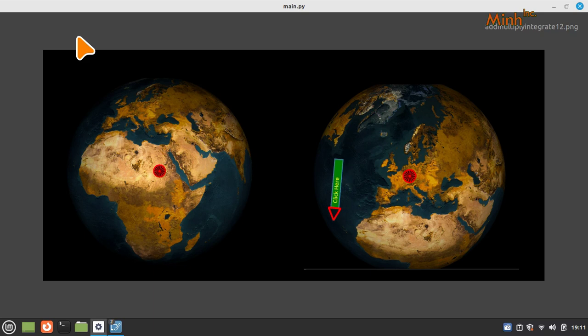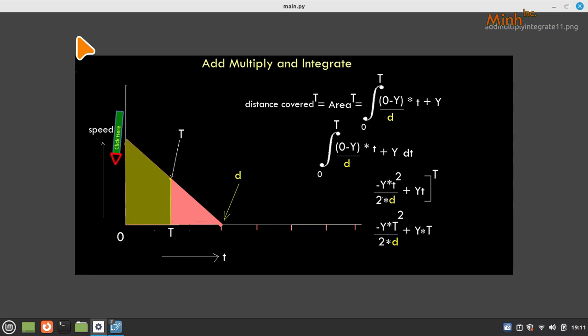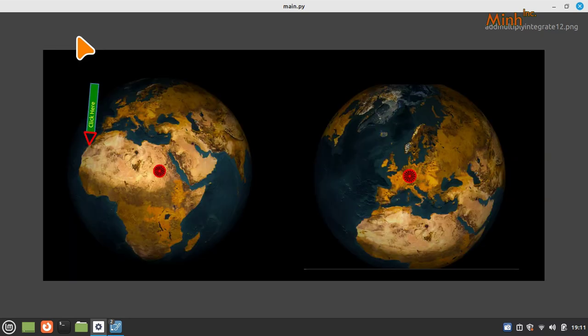So in the lab session, what we'll see is we'll place the longitude and latitude of a point on Earth, and the Earth should start at a speed that is y, and it has to rotate till it reaches the latitude and longitude that we have specified, and when it is reaching that point, the speed should tend to zero.